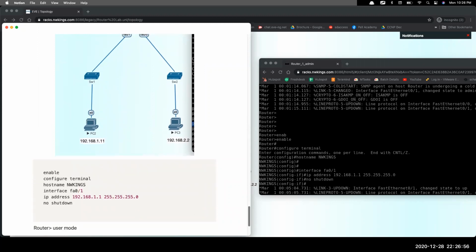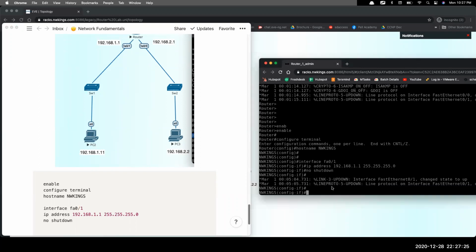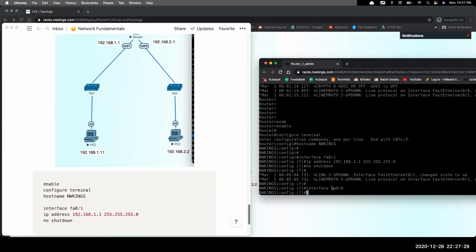Okay. So tell me what would be the command for giving an IP address to the other interface, that is FA0/0. Just type in the chat. Yes, correct. I need to go inside again. Interface FA0/0.